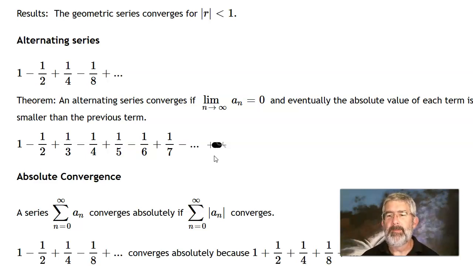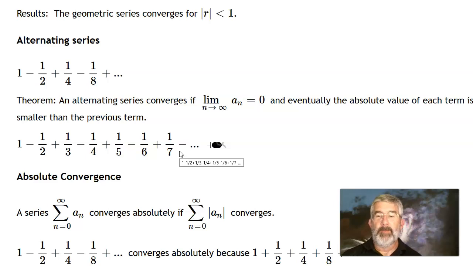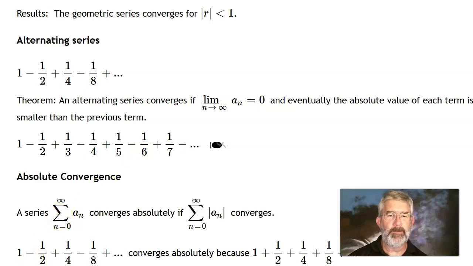I can get it to add up to any positive number, any negative number. I could even get it to add up to infinity if you wanted me to. I'm not going to explain that in this video, but the thing is, changing the order of an infinite sum only works when you're in the interval of convergence.